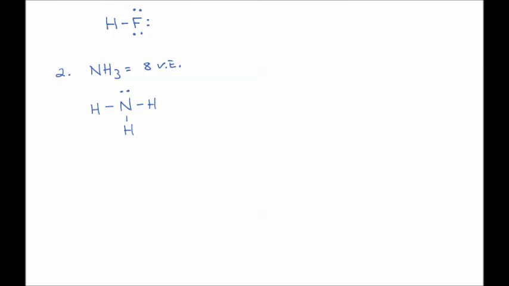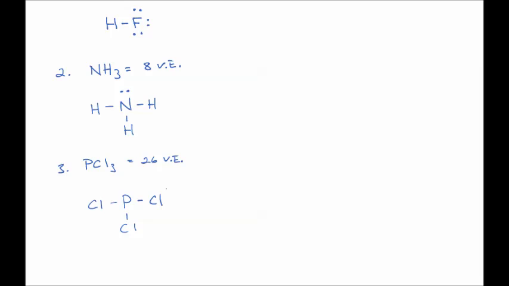So number 3 is PCl3. Step 1, count the valence electrons. Phosphorus is group 15, chlorine is group 17, so 7 times 3 is 21, plus the 5, 26 valence electrons. Usually the first atom in the formula is in the middle. Each dash represents 2 electrons, so we've used 6 out of the 26.